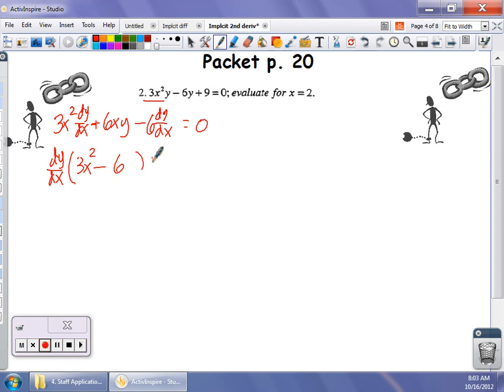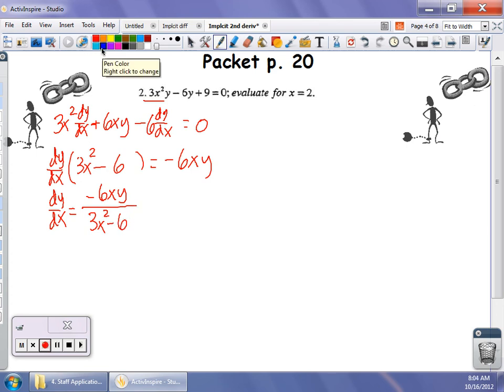And on the right-hand side, I'm going to subtract the 6xy, so I get negative 6xy. So dy dx is equal to negative 6xy over 3x squared minus 6. That's my first derivative.